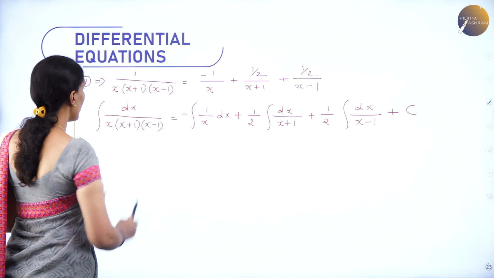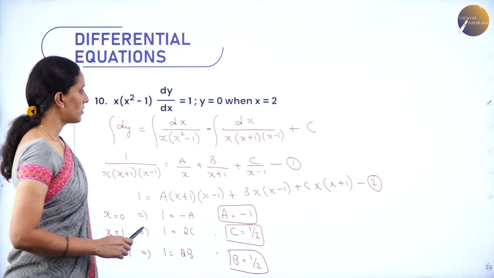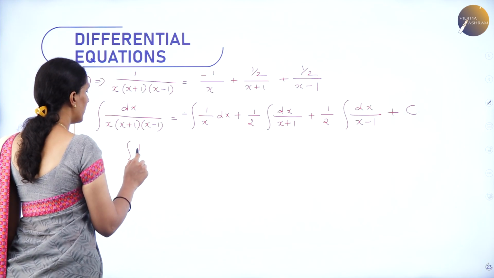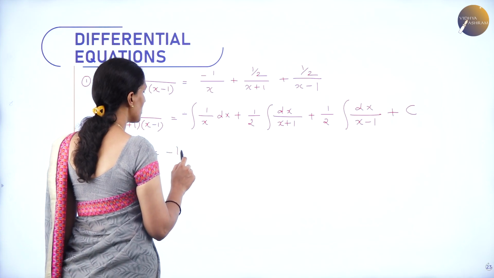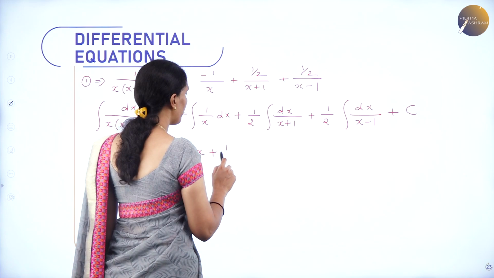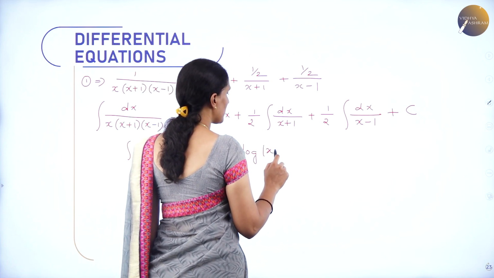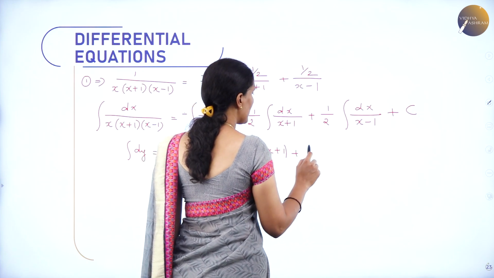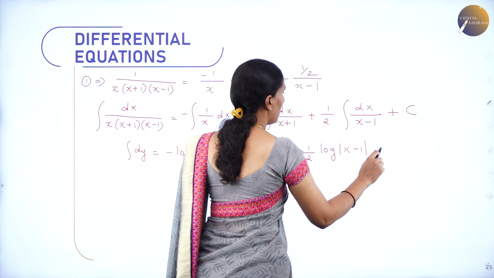This is actually the integral of dy. So therefore the integral of dy is equal to -log x plus half log(x + 1) plus half log(x - 1) plus c.